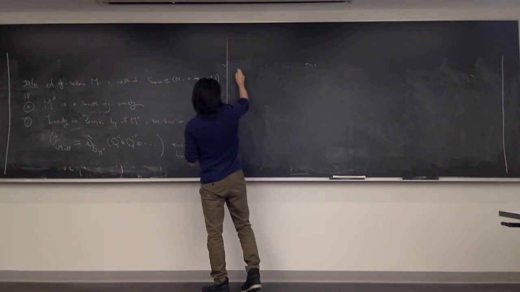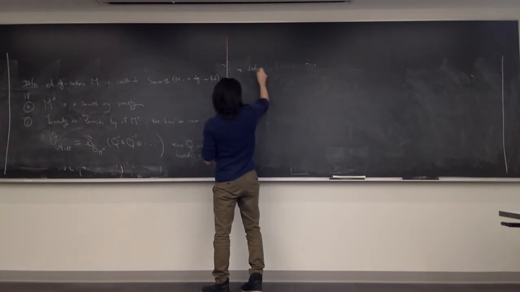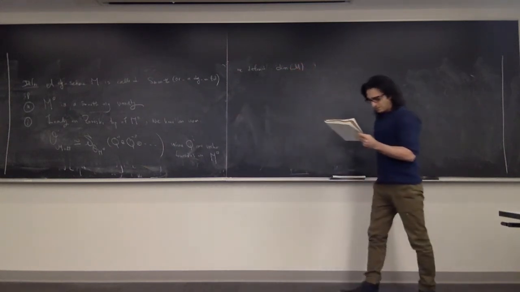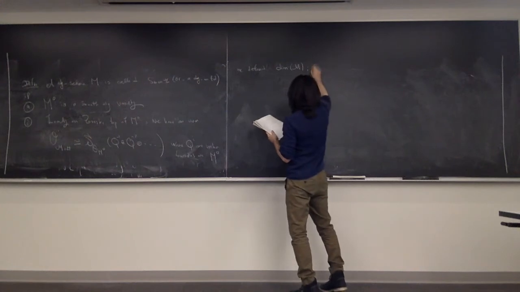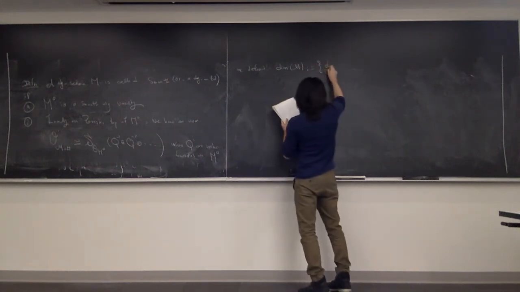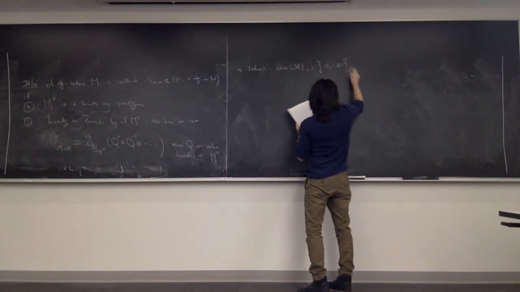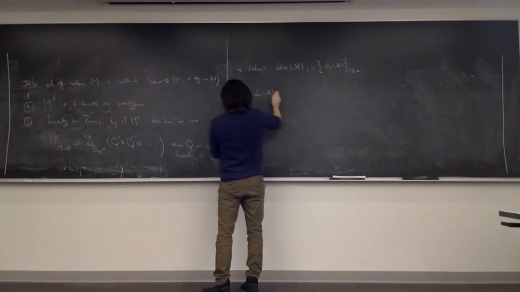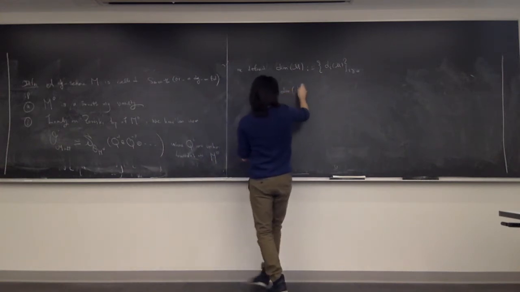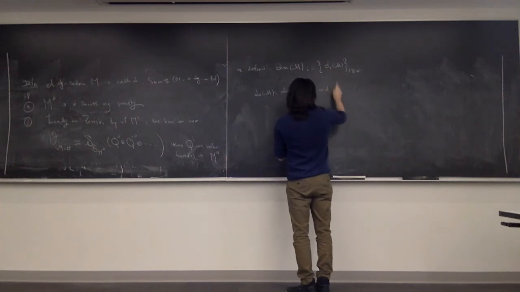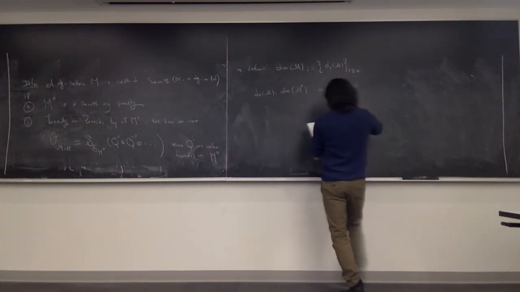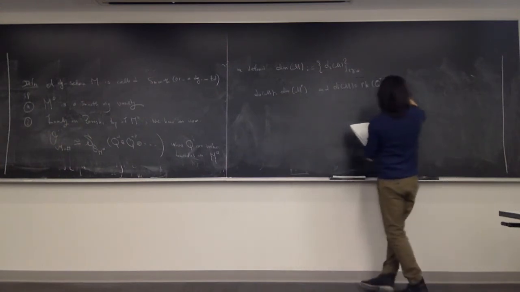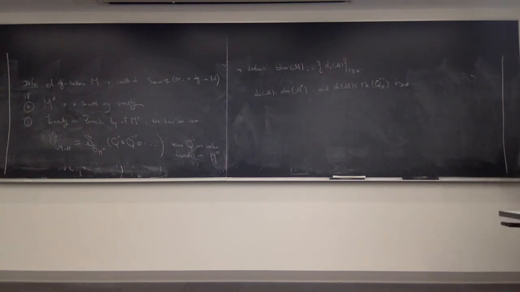We defined the dimension of this smooth DG scheme to be a tuple d_i(M), i greater than or equal to 0, where d_0(M) was the dimension of M0, the regular scheme, and d_i(M) was defined by the rank of these bundles. Okay, so that is what the dimension is.